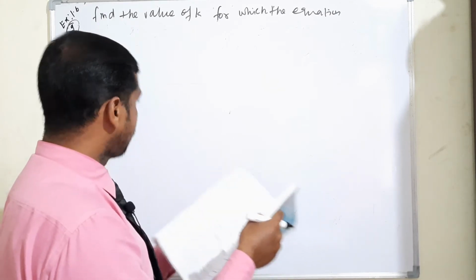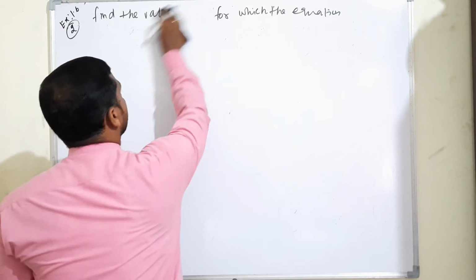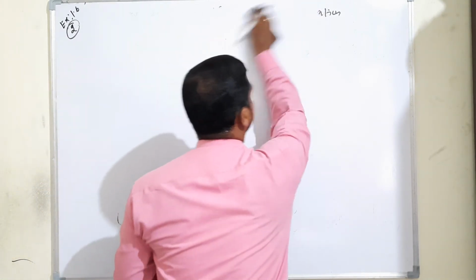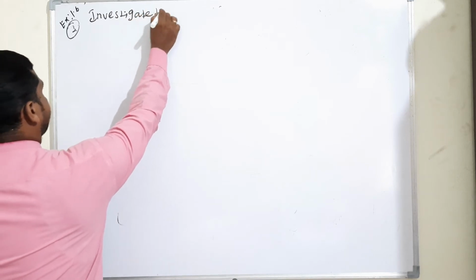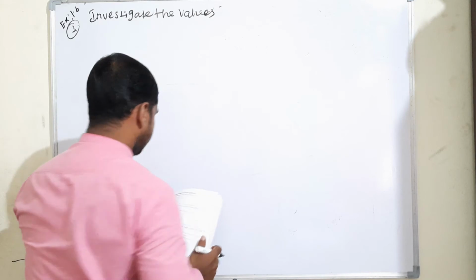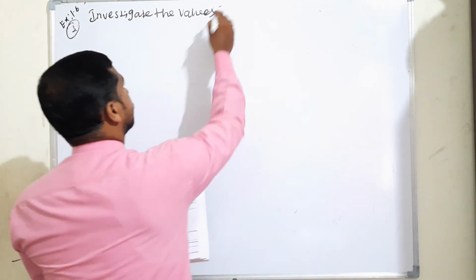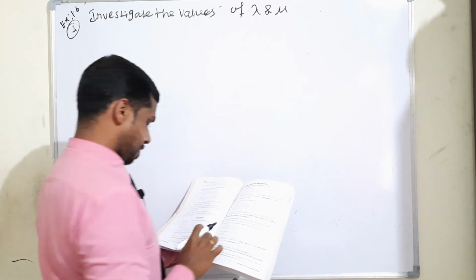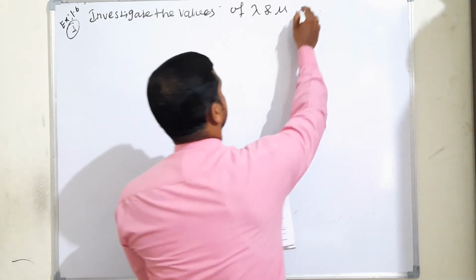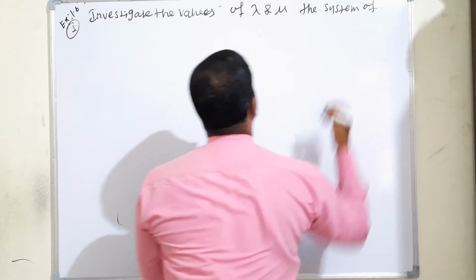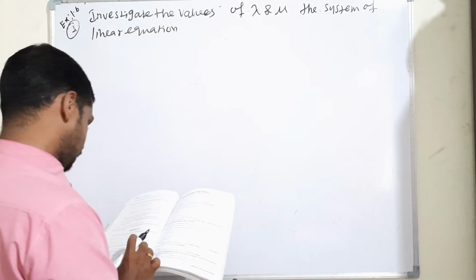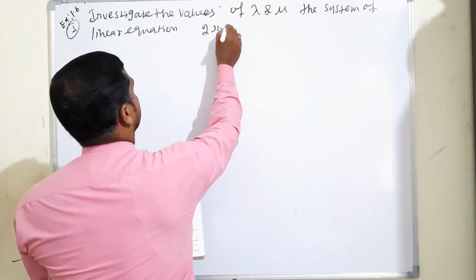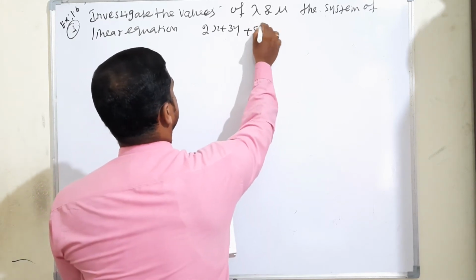What is the last question? Investigate the values of lambda and mu for the system of linear equations: 2x plus 3y plus 5z is equal to 9.